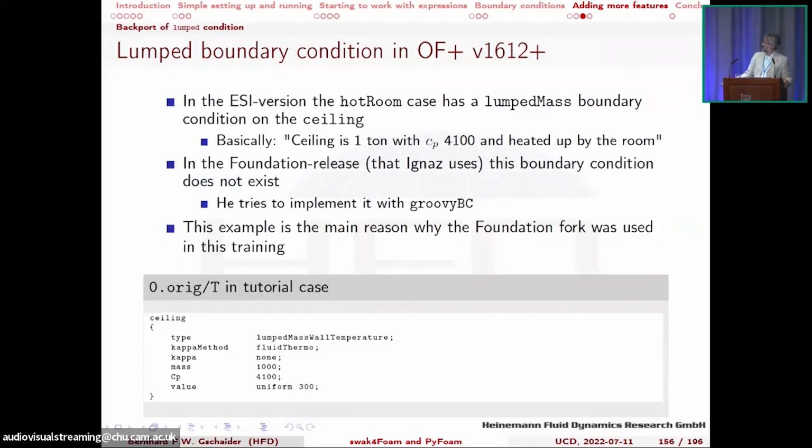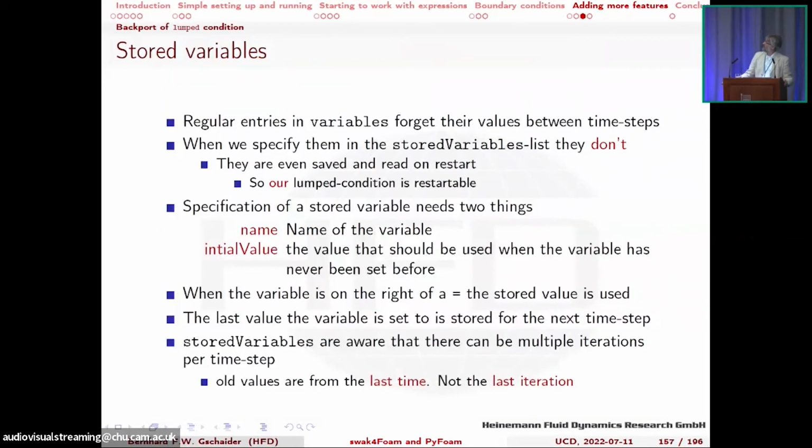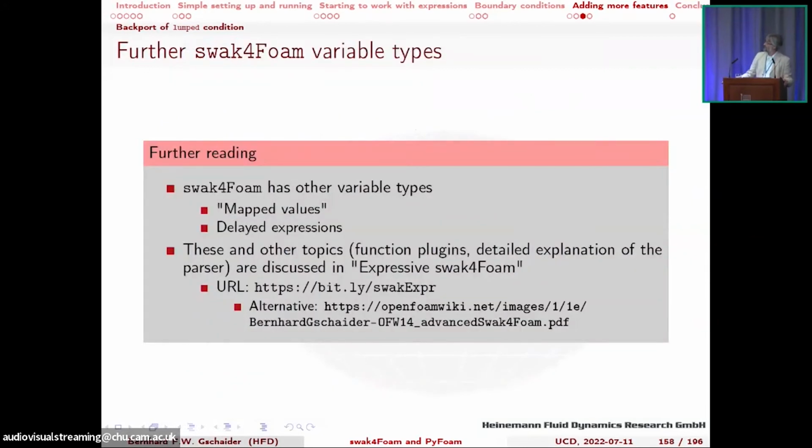So instead of having this lumped boundary condition where you specify the mass, the CP and the initial temperature, and then during the simulation it changes that, you can use so-called stored variables. That's something else that swak4Foam has, variables that store their name.